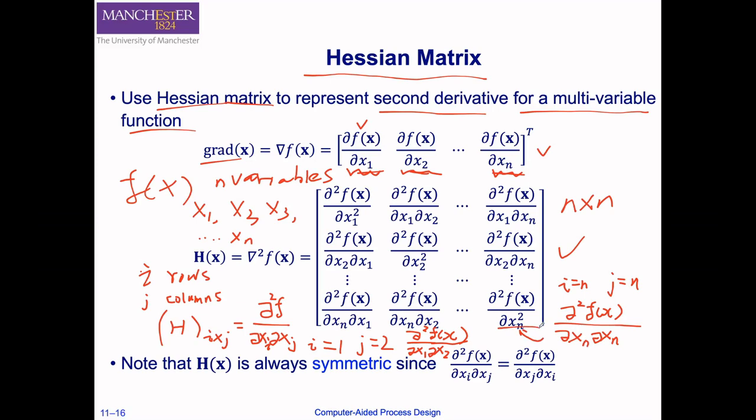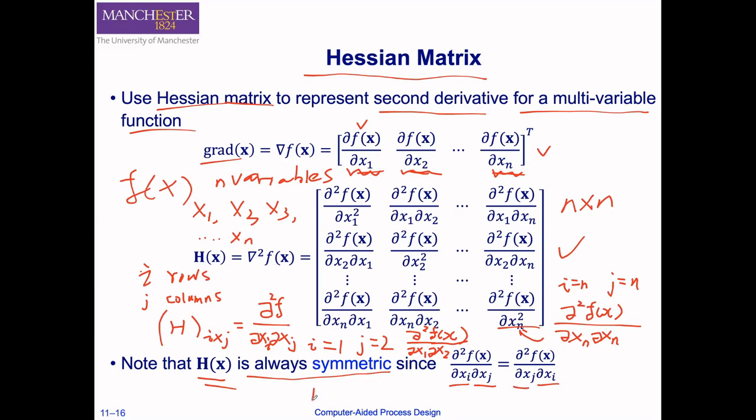There is one important property of this matrix, that is, this Hessian matrix is always symmetric. This is because the second partial derivative of f(x) with respect to xj first and then xi is equal to the second partial derivative of this function f(x) with respect to xi first and then xj.